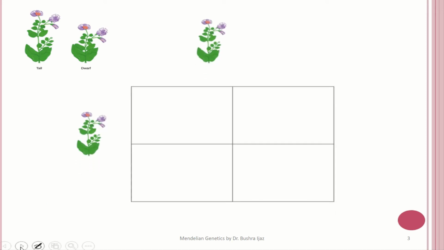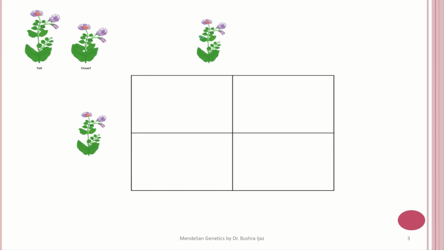So if we make a checkerboard, here we have both tall plants. The phenotype is observable. You can see them tall. This is tall too. But we don't know the genotype. We have to see what progeny they will give.